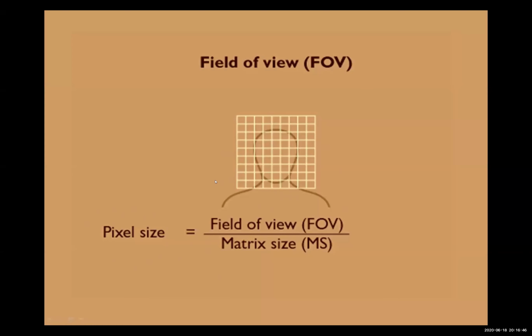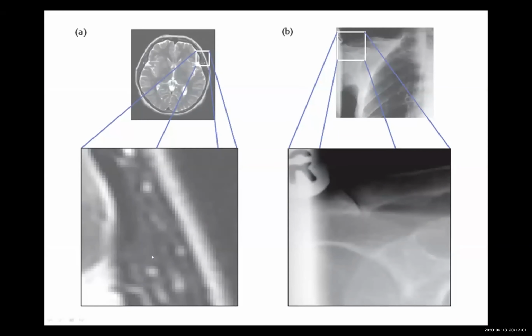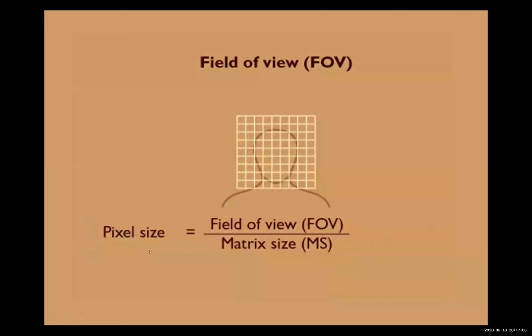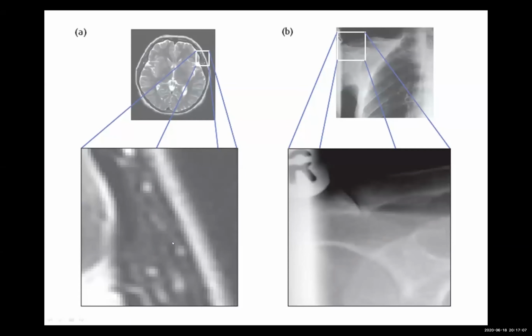If it's 128 or 256, you divide the size of your image, for example 240 centimeters, by 256 pixels, and then you will get the pixel size. So our resolution should usually be represented by pixel size. The smaller the pixel size, the better the resolution.